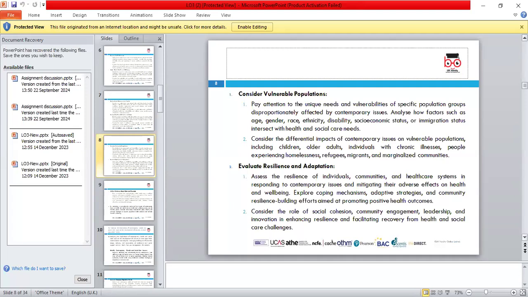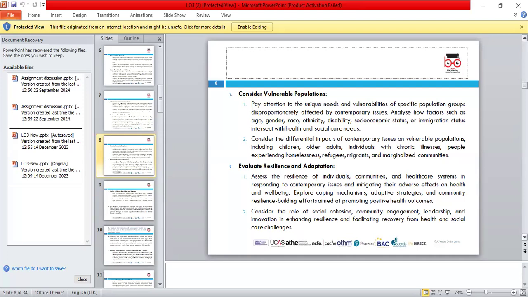Analyze how factors such as age, gender, race, ethnicity, disability, socioeconomic status, or immigration status intersect with health and social care needs.